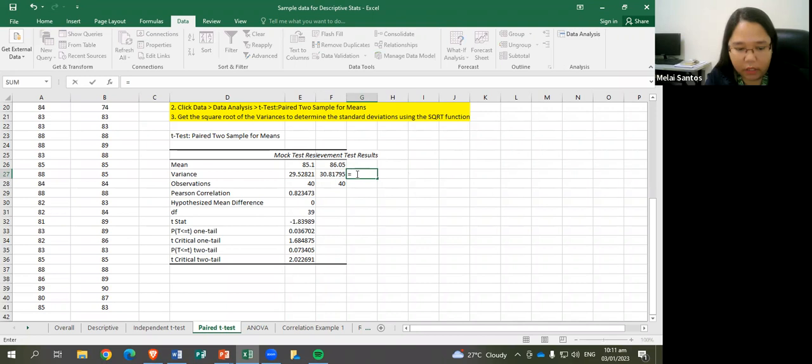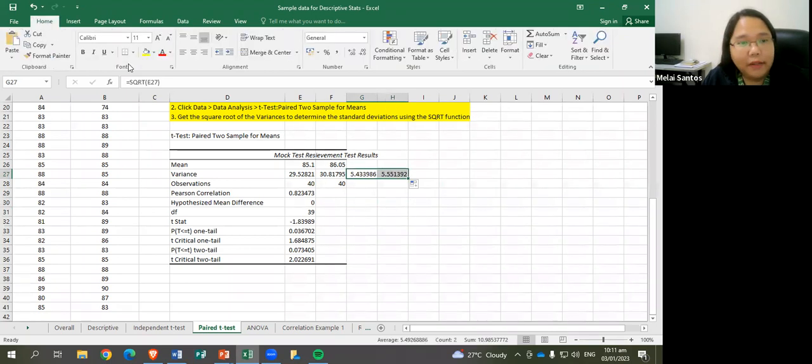So SQRT, and then this one, and then there. We'll color it yellow. And then the means, we will get the means, of course. The number of observations is just 40. And then the degrees of freedom, it's here.